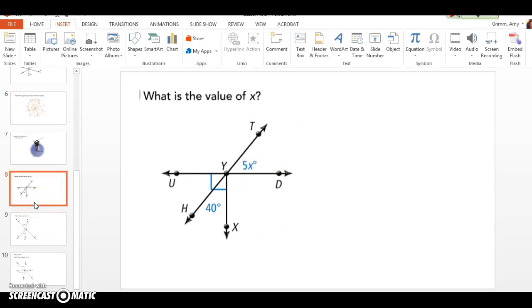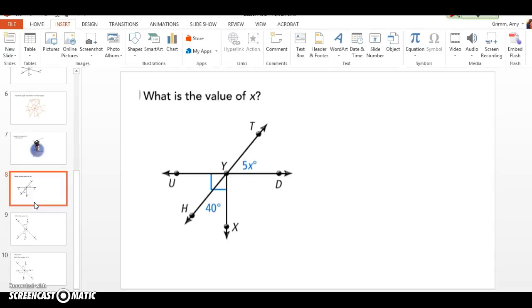All right, let's look at this one. How would we find the value of x on this one? Katie, what was your thought?